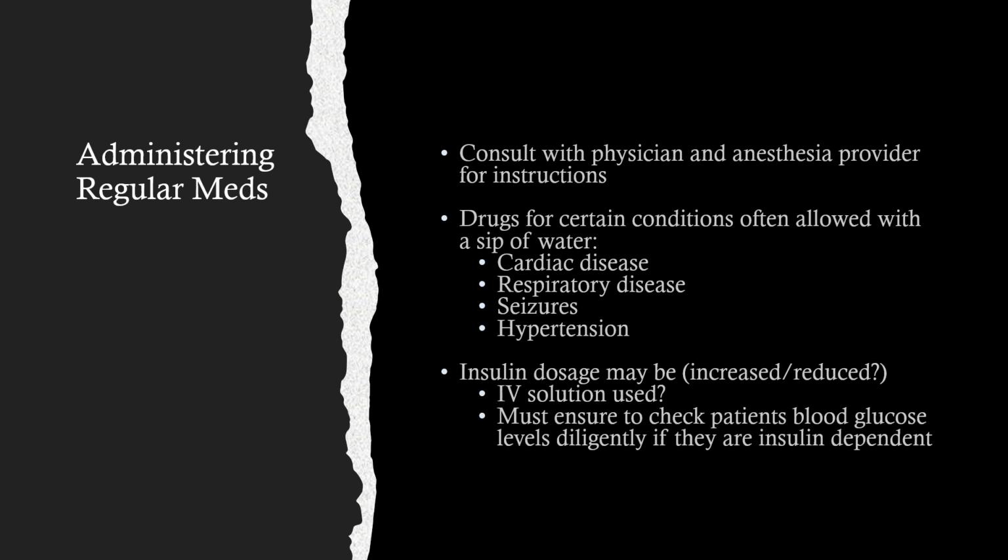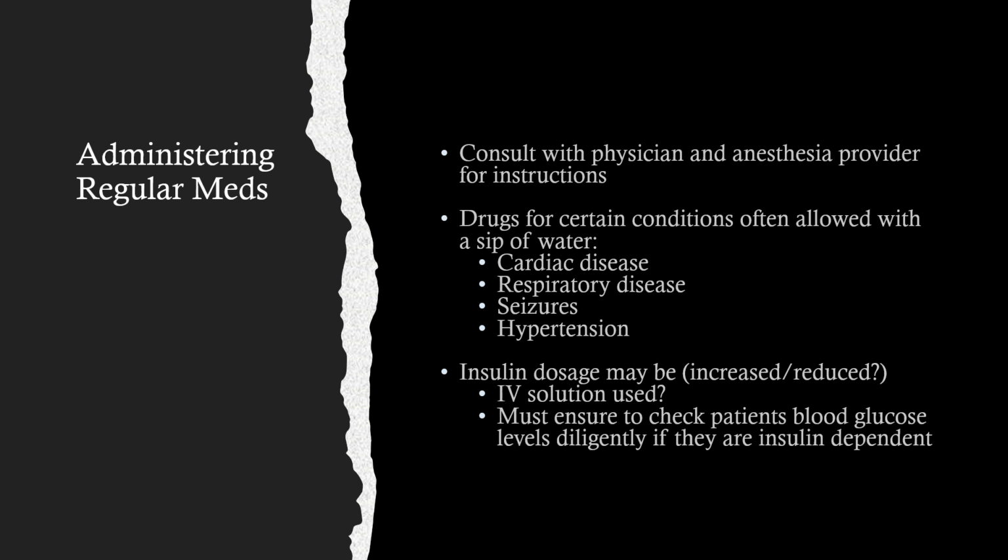Sometimes high blood pressure medicine and antidepressants are held prior to surgery due to the risk of adverse blood pressure results. Also note if someone's had a recent MI or a stroke, or recently ingested garlic, which decreases blood clotting. And if they have a history of being a smoker or they have chronic lung disease, these are things that need to be noted as well.